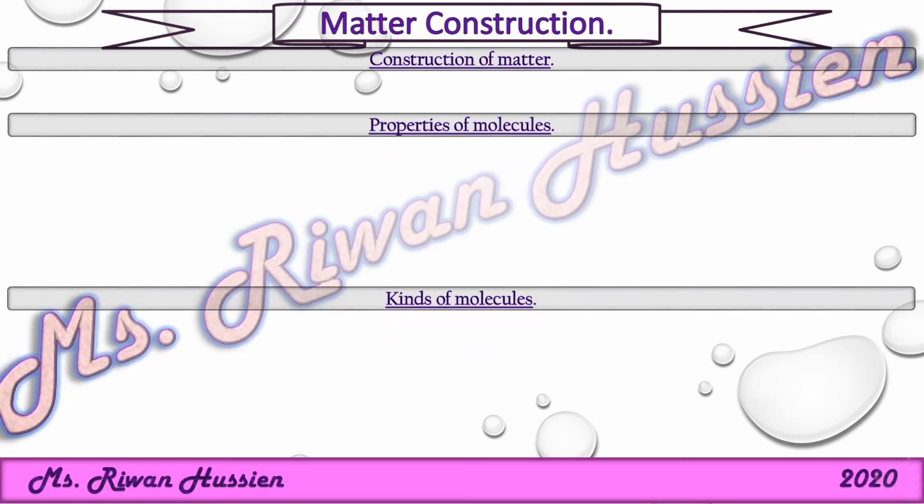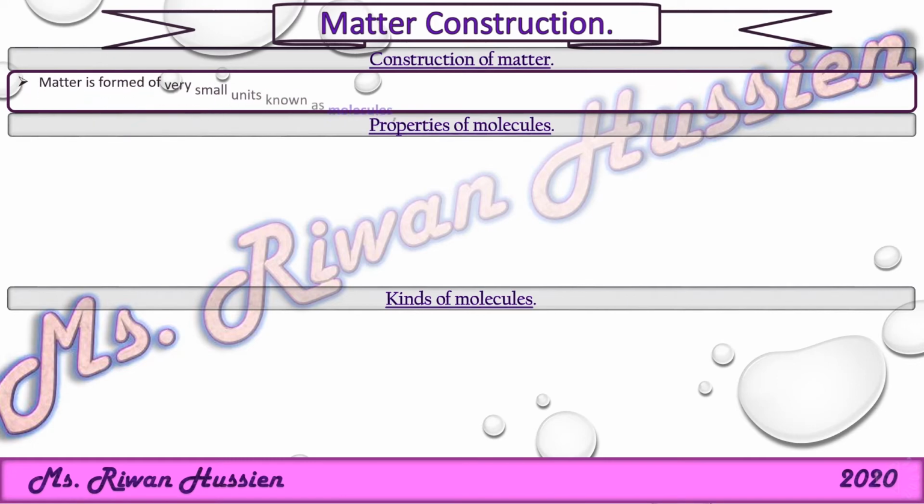We've started by the construction of matter. We've said that matter in any state, solid, liquid, or gas, is formed of small units known as molecules. We've defined molecules as the smallest particle of matter that can exist freely and keeps the properties of matter.